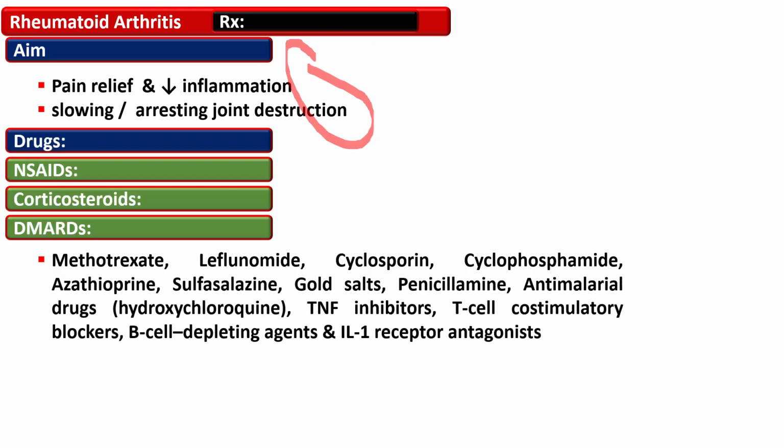The main drugs that are used for rheumatoid arthritis are non-steroidal anti-inflammatory drugs, corticosteroids and DMARDs, which are disease-modifying anti-rheumatoid drugs, which include methotrexate, leflunomide, cyclosporin, cyclophosphamide, azathioprine, sulfasalazine, gold salt, penicillamine, and then there are antimalarial drugs such as hydroxychloroquine, tumor necrosis factor inhibitors, T cell co-stimulatory blockers, B cell depleting agents, and interleukin 1 receptor antagonists.